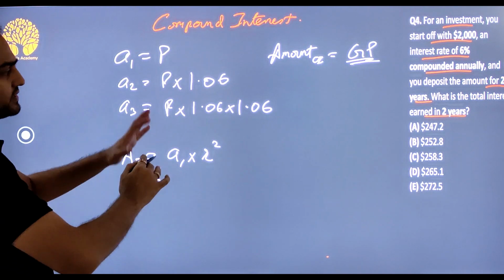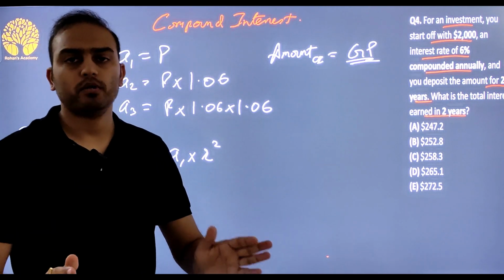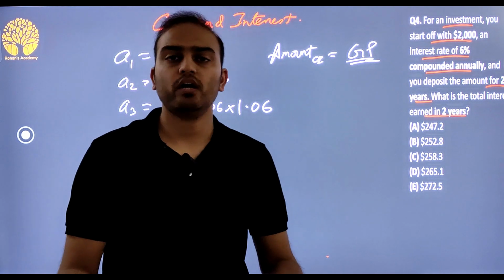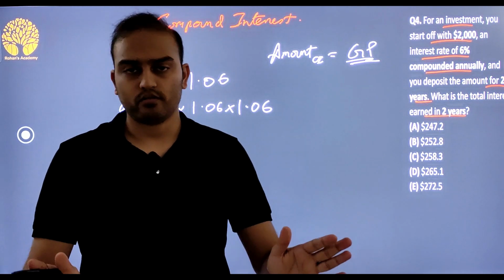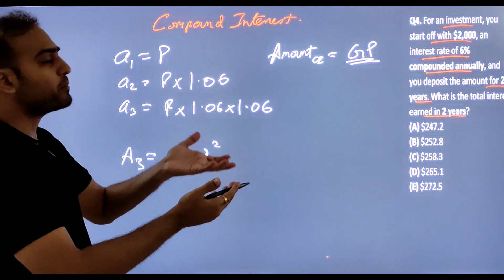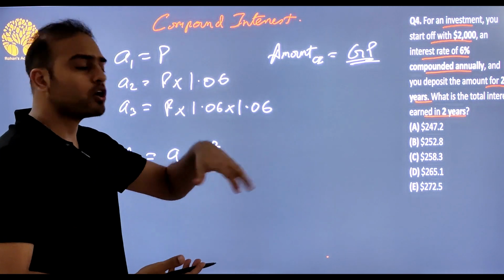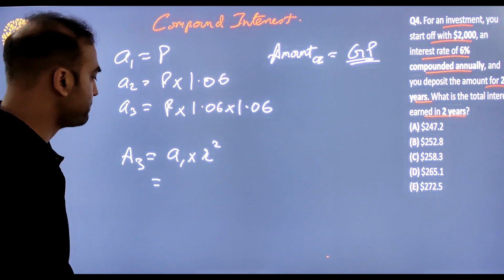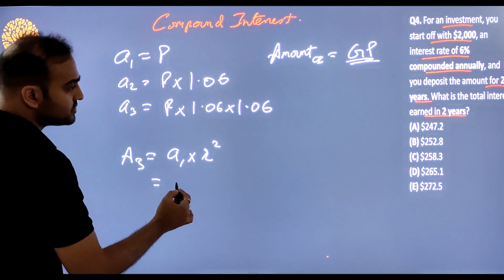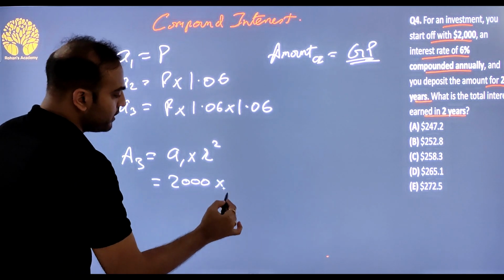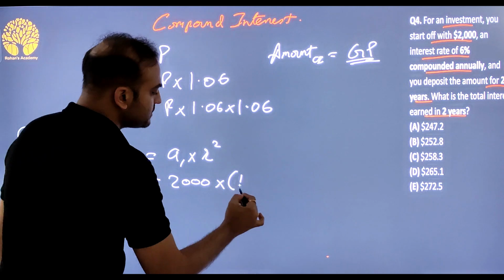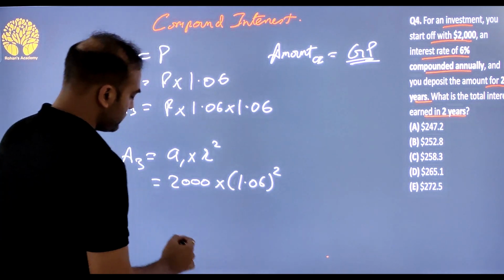Guys, if you understand this, great. If you don't, no problem. You can apply the compound interest formula and solve. There is no harm there. This is just a different way because we are doing APGP, so I just thought that I'll teach you this using GP. A1, which is your principal, into, it is increasing by 6%.